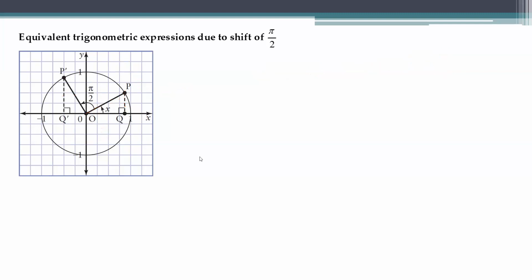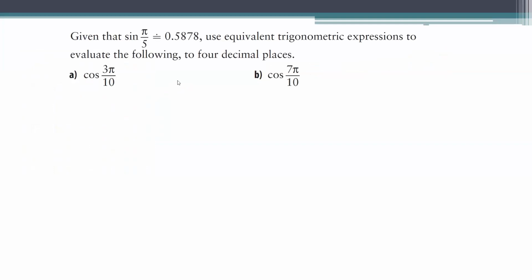Pi over 2 shift. Let's try solving this. Use equivalent trigonometric expressions to evaluate the following to 4 decimal places, given that sine pi over 5 equals 0.5878.